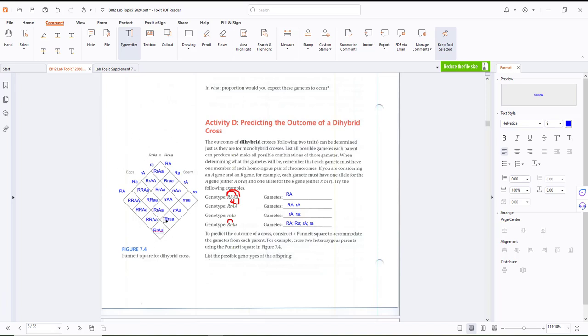So you can look through and see that all of the possible offspring are accounted for.